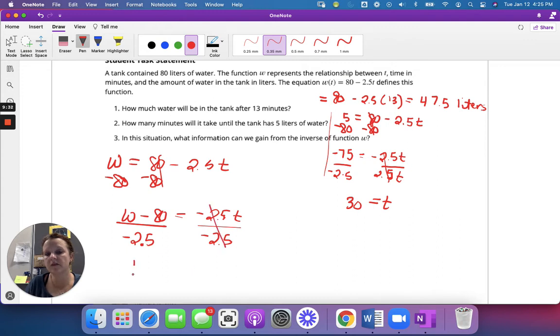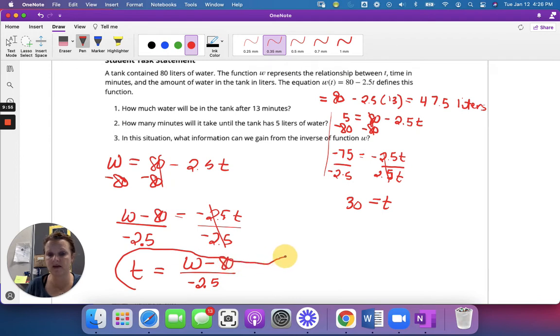So the inverse is the time. Whenever the tank is whatever full, we can plug that into W and get what time it is. So I could walk up to the tank and read how many liters are left in the tank, plug it into this equation.